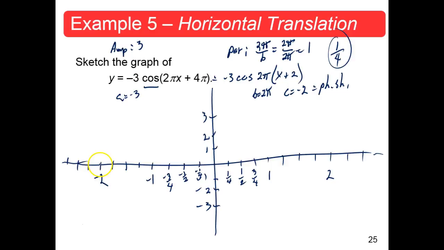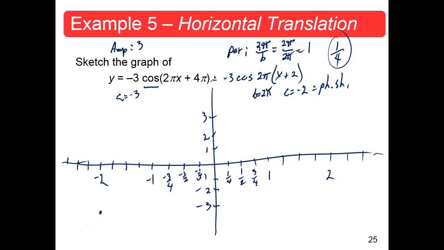So rather than starting at 1, you start at -3. So it starts down here at -3. Okay? That's what the A does for you. That would be starting at 1. At the phase shift. Okay? The phase shift tells you where to begin.